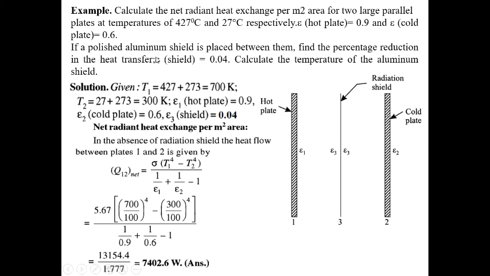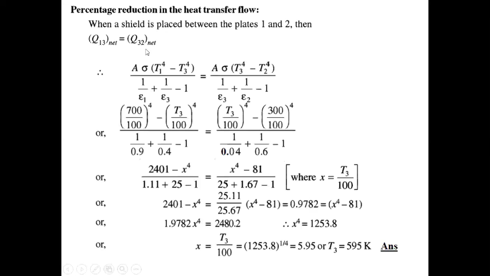Second part, if a polished aluminium shield is placed between them, find the percentage of reduction in heat transfer. So here we apply the polished aluminium shield. For this, basically both ways you can find out. Okay. So how can you find this out?